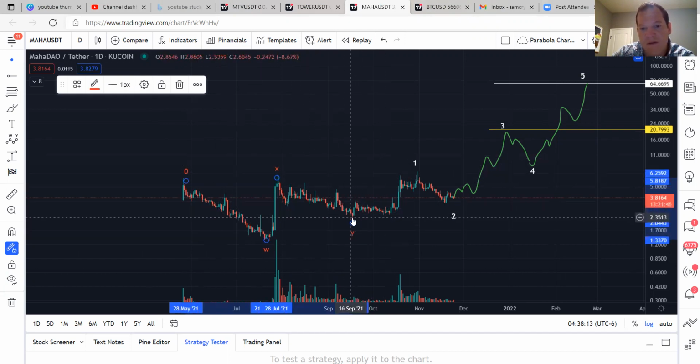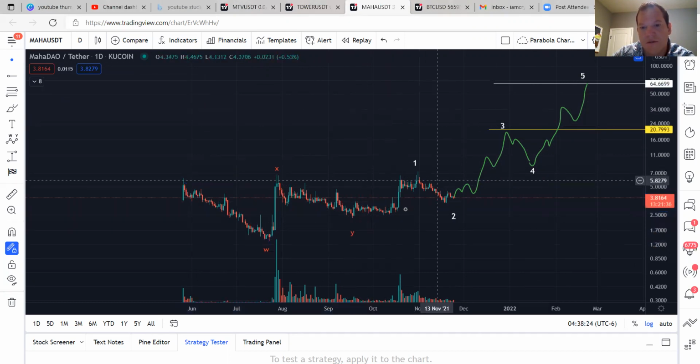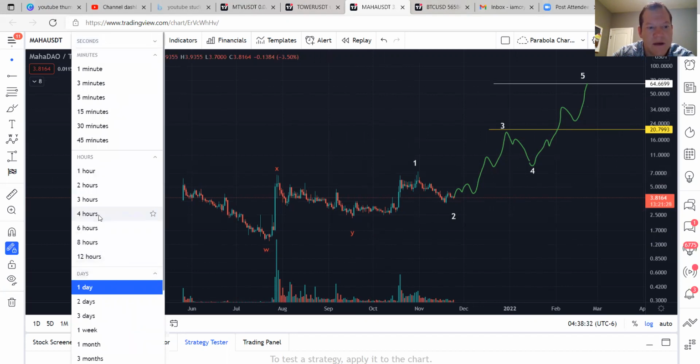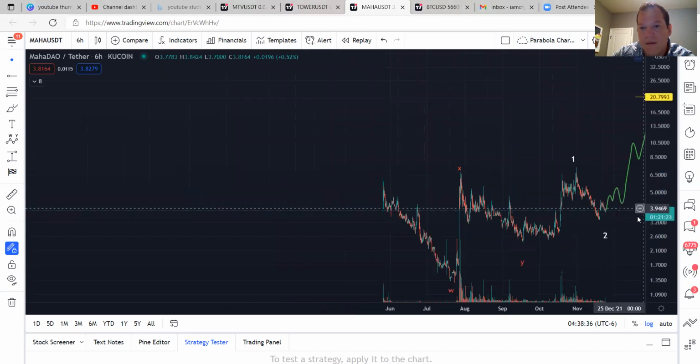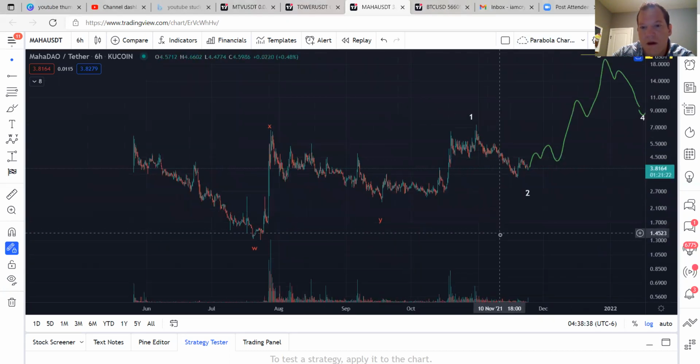And then I view this as the beginning of our first impulsive leg up, which I'm assuming is going to be in a bullish trend. Therefore, I'm assuming this is going to be a 5-wave cycle up. So let's dive in a little deeper.